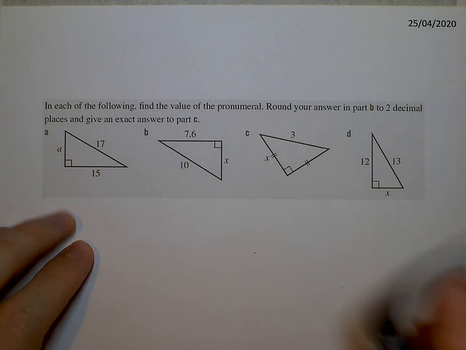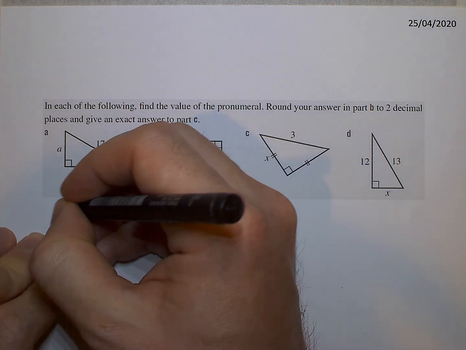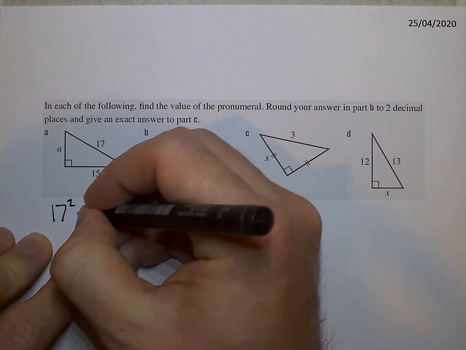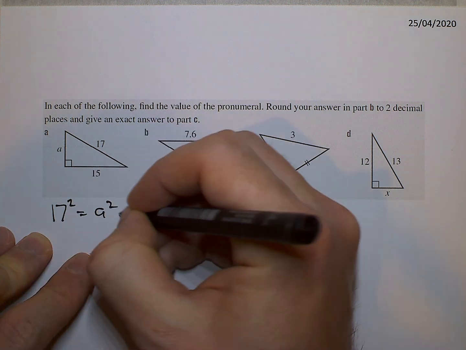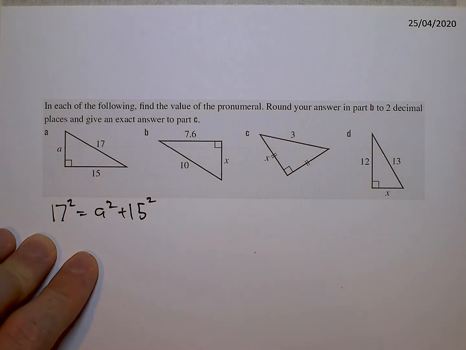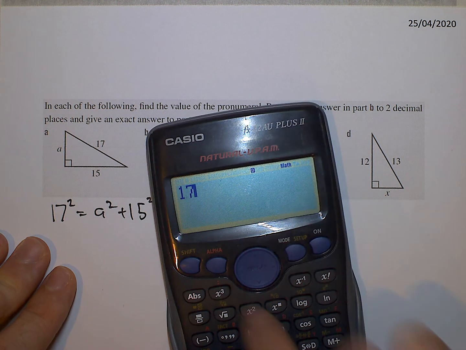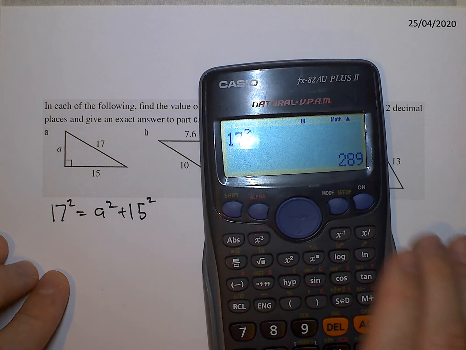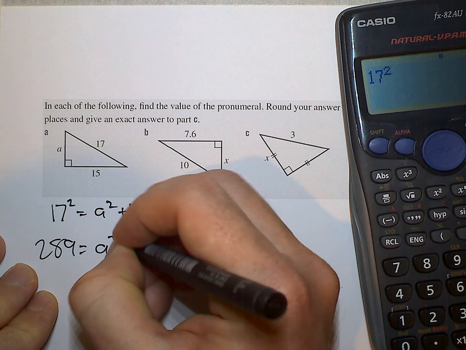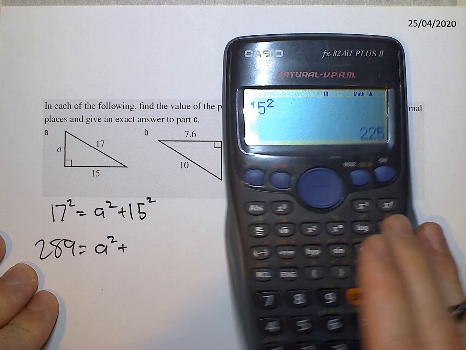Okay, here, let's start with this one. Our C is going to be 17. So let's start with 17 squared equals A squared plus 15 squared. I'm just skipping writing it out properly, but you understand. So 17 squared is 289, equals A squared plus 15 squared, which is 225.